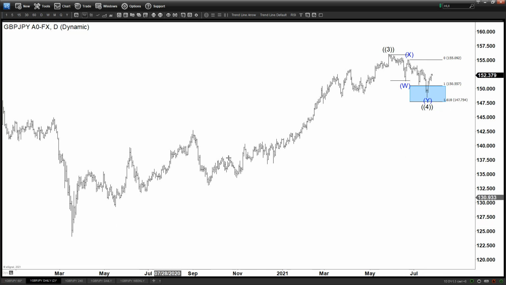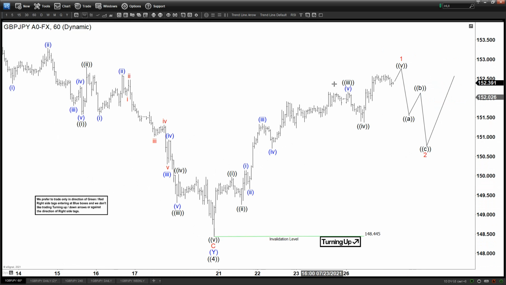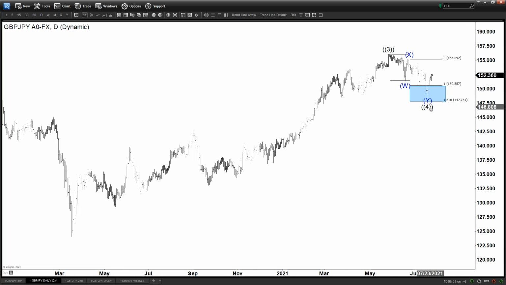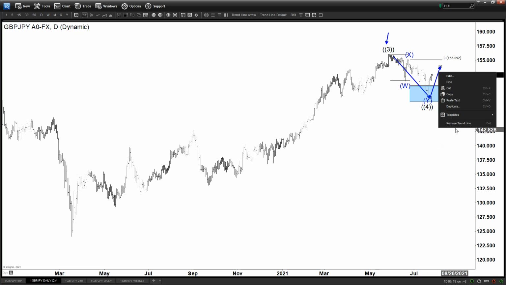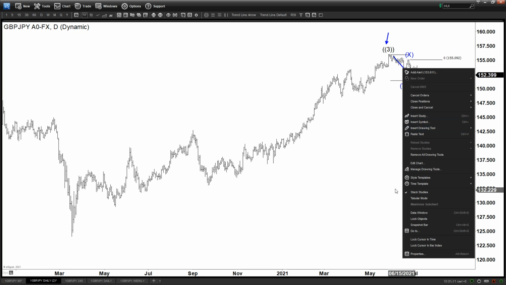So now the reaction from the lows here, like we saw earlier, is looking like a 5 waves impulse. So we are calling wave 4 completed here, but in order for this view to really be valid, technically you do need to break above that previous peak here, and that is to sort of rule out what we call a larger degree correction, like a larger WXY correction.